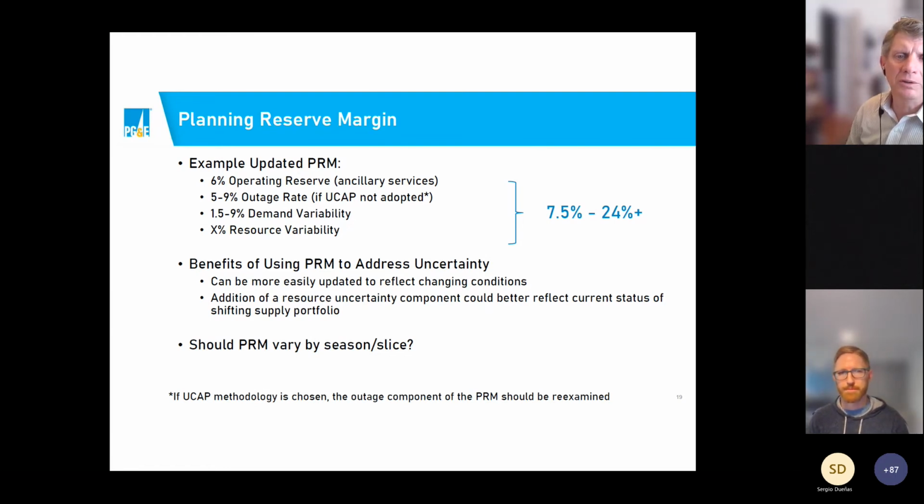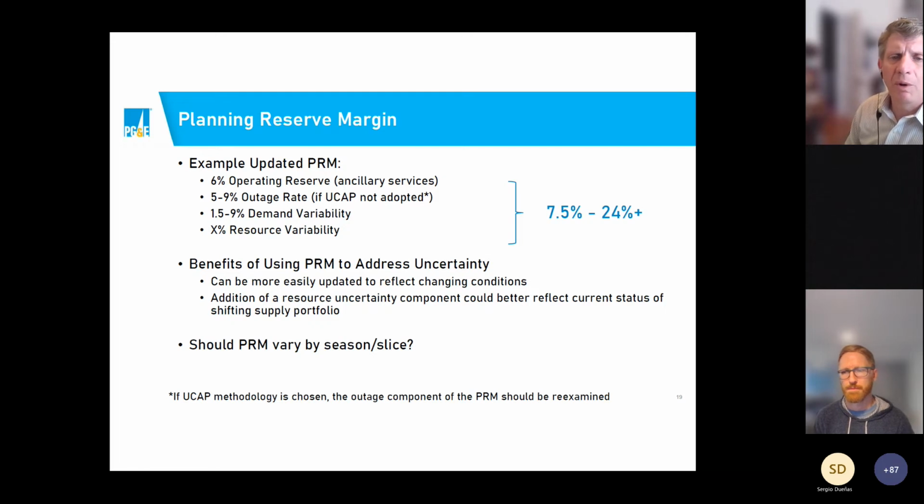And then you need to be looking to some degree at what some of the interdependencies are with the way the rest of the framework is structured. You would want to be thinking about, if I nail down counting rules, if I nail down whether we're going to use the UCAP or not, okay, let's then look at what we've got and how that sets up with the loss of load expectation, and assuming a particular level of the PRM.